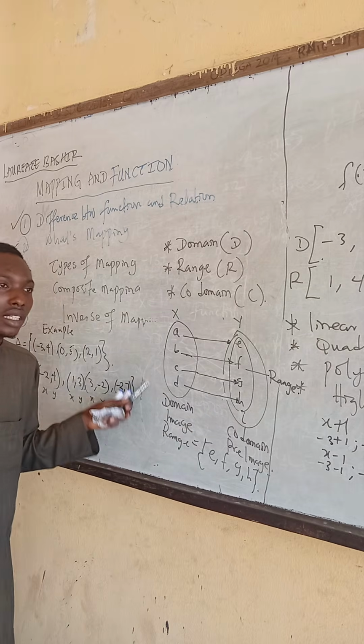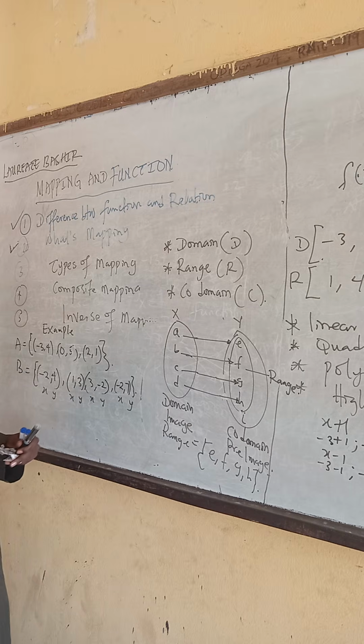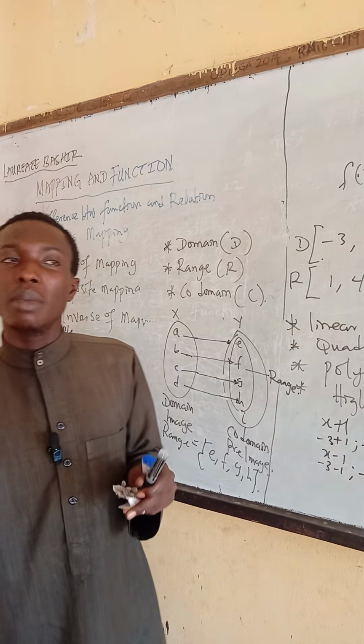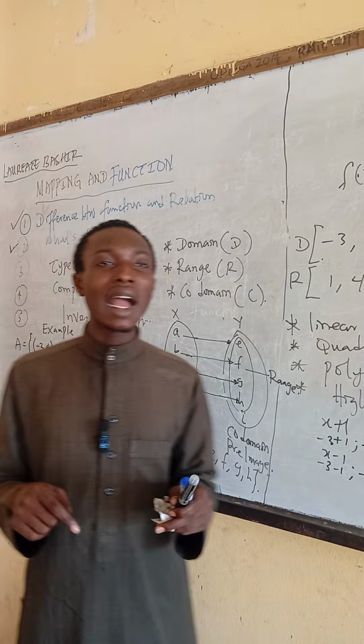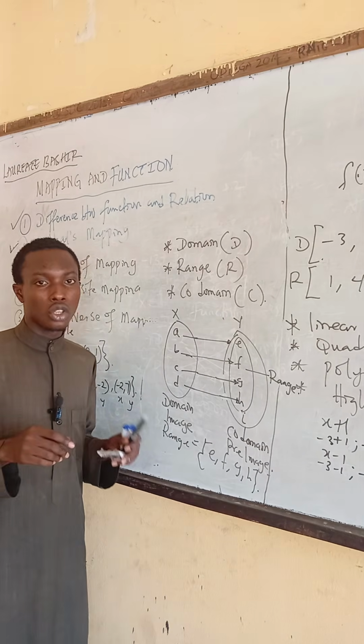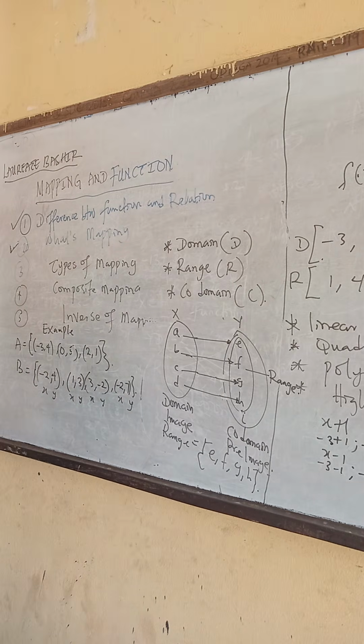The codomain is like a superset of the domain, while the elements in the codomain that have an image in the domain are called the range. You will see some examples later.